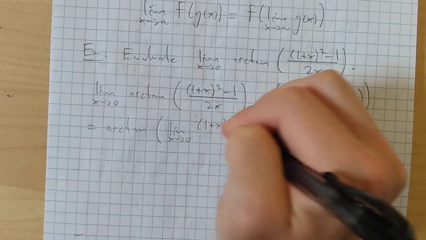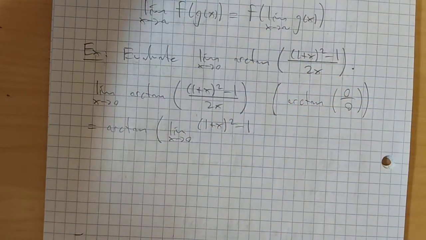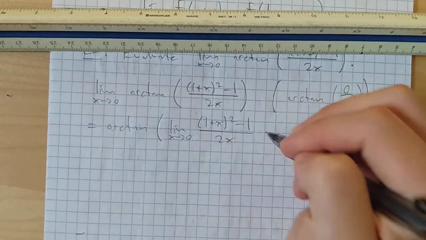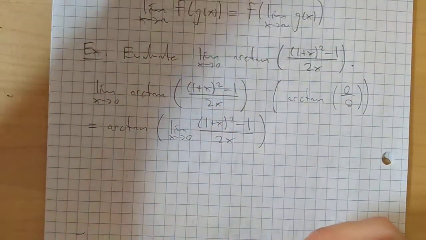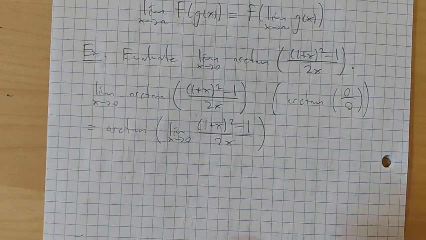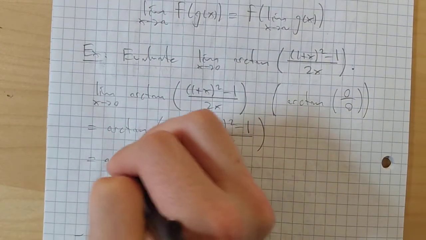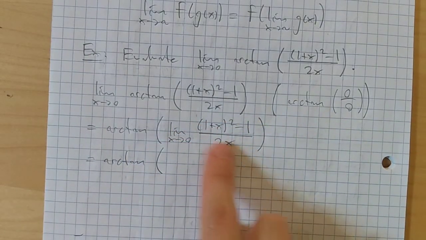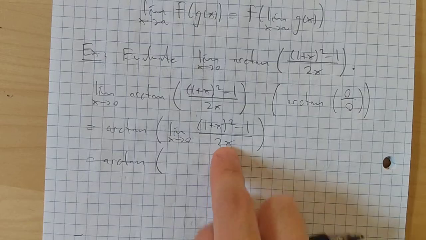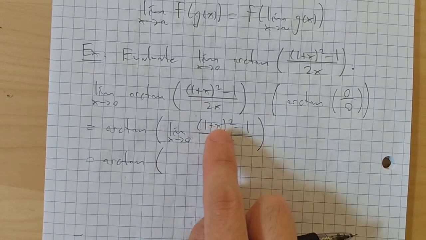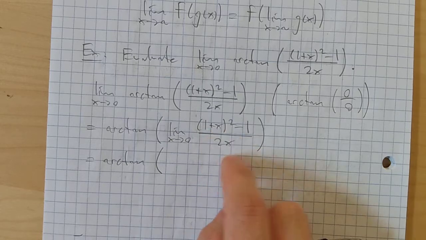We'll do all our usual limit stuff. Evaluate it algebraically, factor, rationalize, cancel things out, all that. And see what we get. And the arctan is just going to sit out here. So in this case, you can evaluate this limit inside here just by expanding everything out and simplifying.